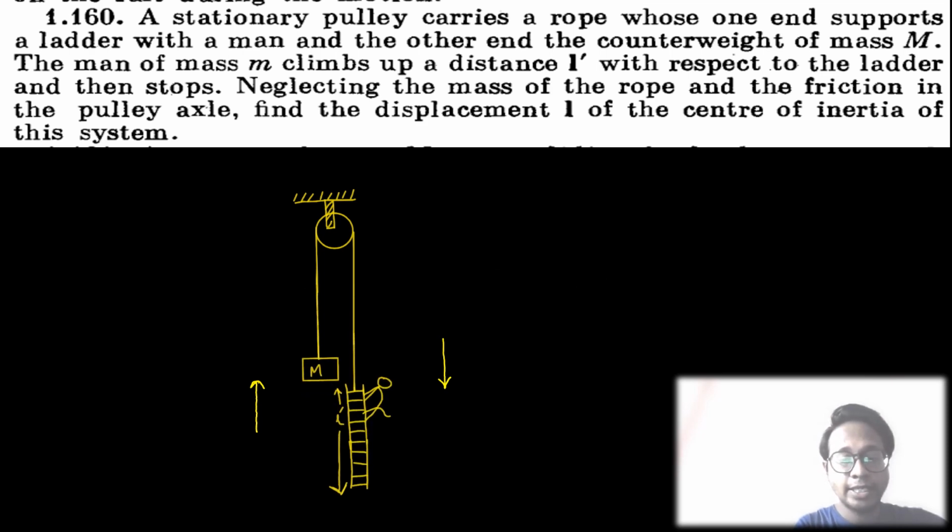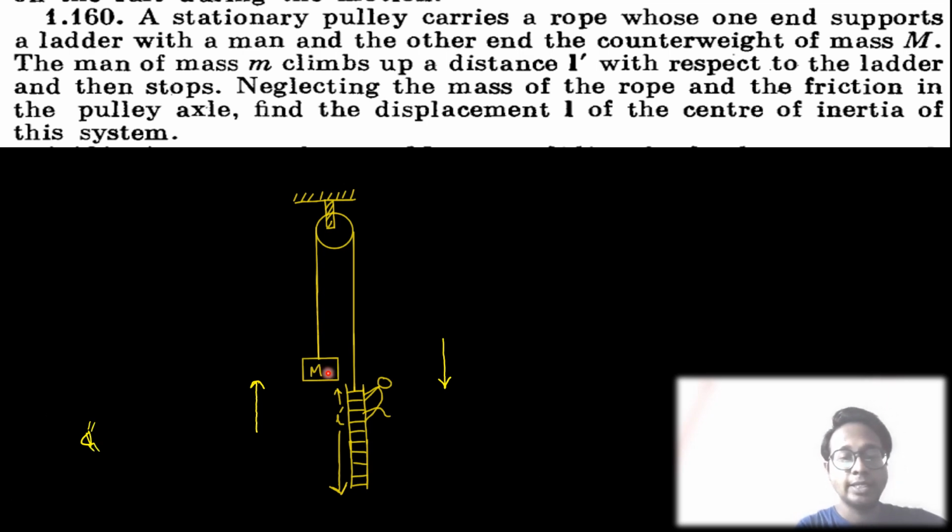So if the person started climbing on the ladder, what will happen? The ladder will go down. If the ladder goes down, the mass will come up. If the length of the ladder is L dash and the person climbed from the bottom of the ladder to the top of the ladder, the question is asking, find the displacement of the human from the frame of reference of ground.